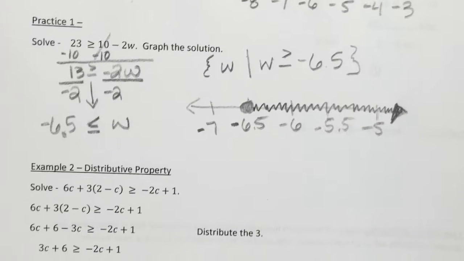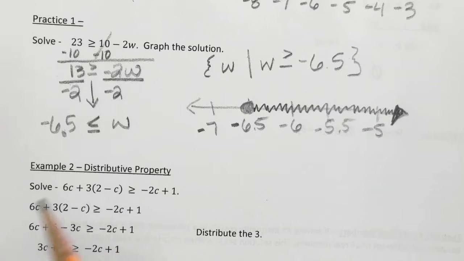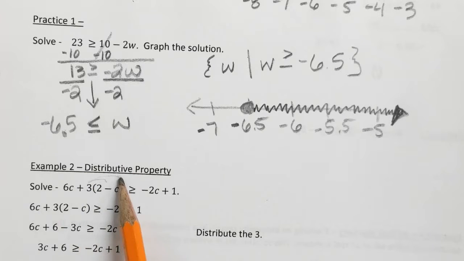So looking down at example 2, what is in this example that we didn't have in the other two? We have the distributive property. So that's the only thing we're adding right here.